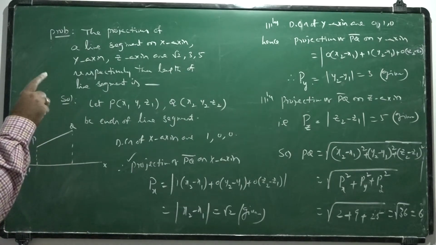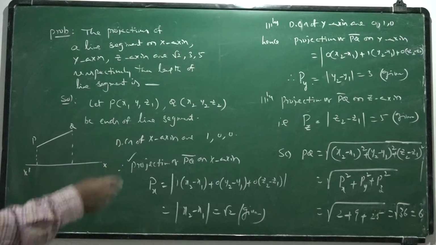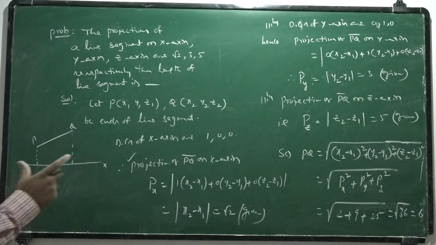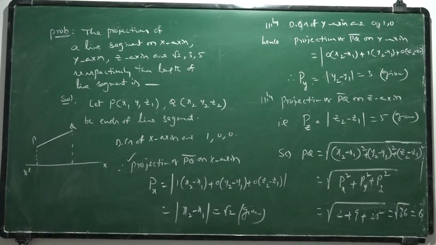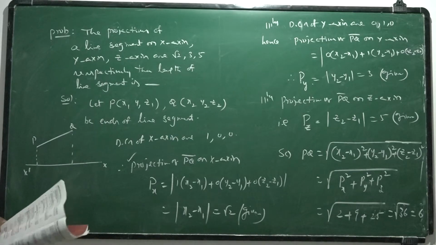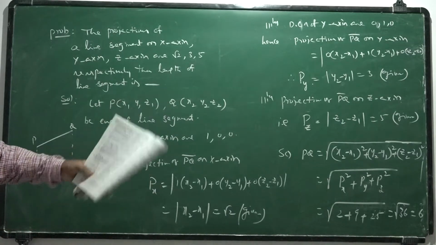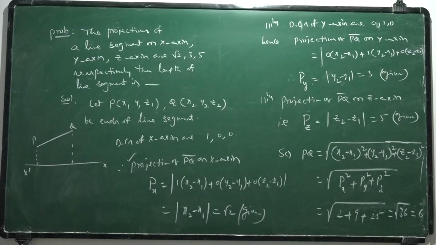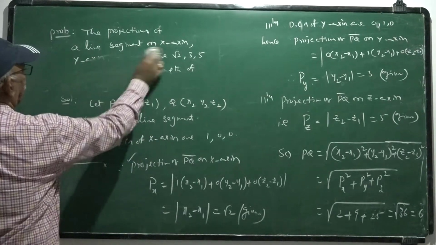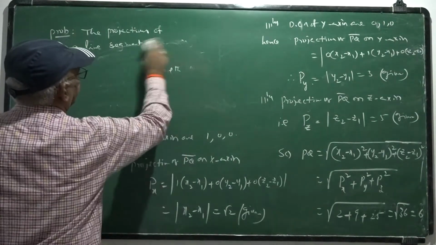These are all respectively given as root 2, 3, 5. Hence, the length of PQ is nothing but square root of the sum of the squares of these projection lengths under root. That gives us the length of the line segment PQ itself. This is also one important concept.